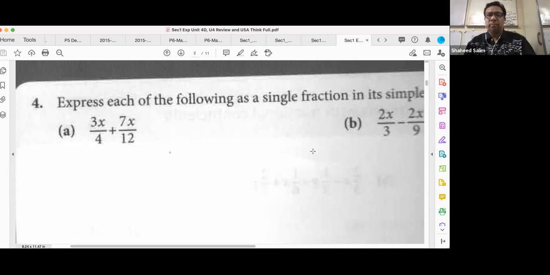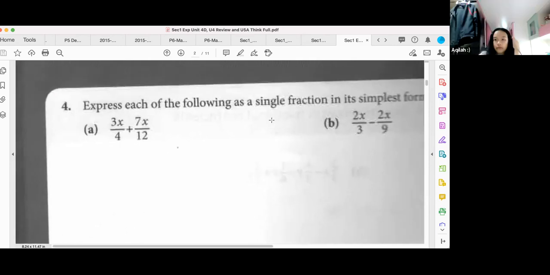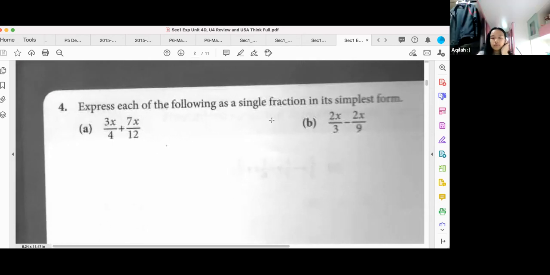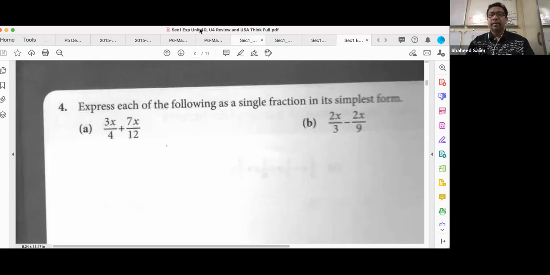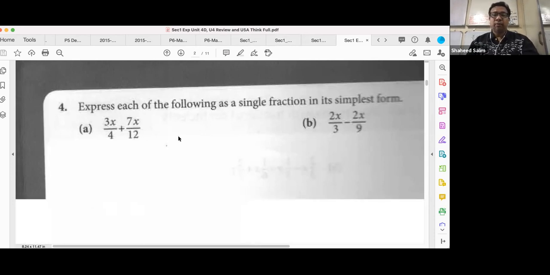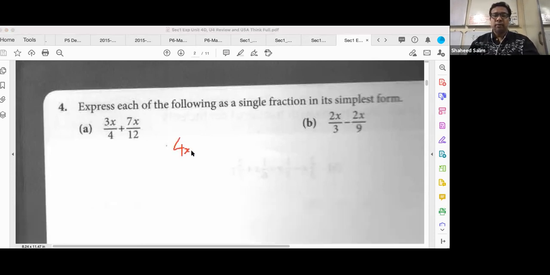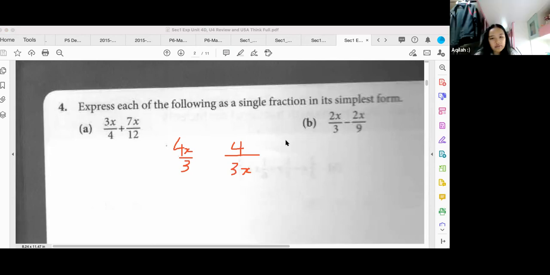Is the x on top, below, or in between? On top. Can it be in between? Okay, so the question I'm asking you is like this. You said your answer is 4x over 3. Some people, if they write it this way, are these two the same or different? Different.